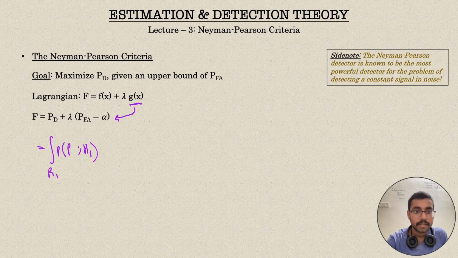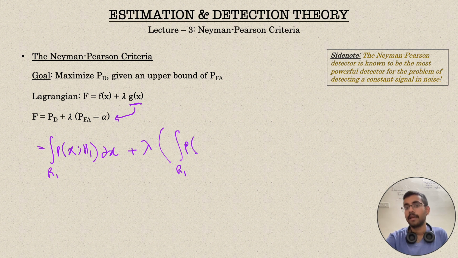I'm sorry, this is not P, this will be X. So the signal was sent, plus lambda times, we have R1. What is P of false alarm? That is in the region R1 when the signal was not sent but still it was detected. It is always detected in the region R1, but the signal was not sent, right?